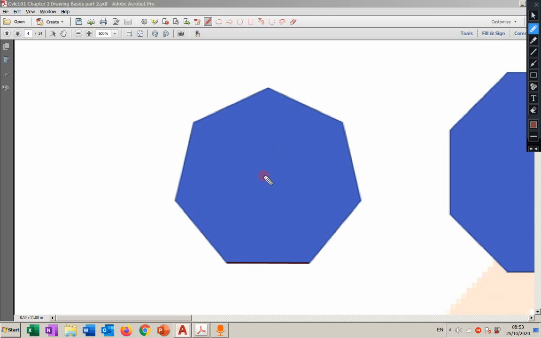Now how do we do this one? Normally we have some information, because for those polygons the information will normally be given. Maybe we have this distance here. Maybe we have this distance.